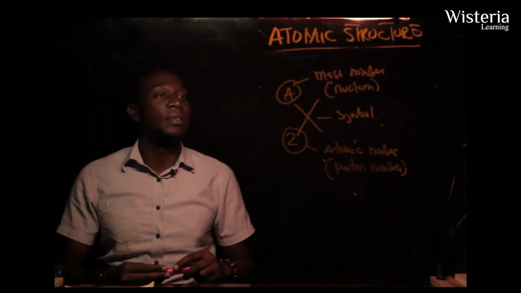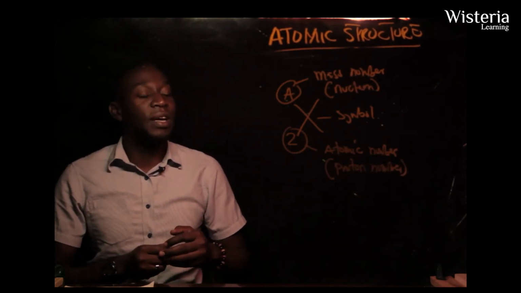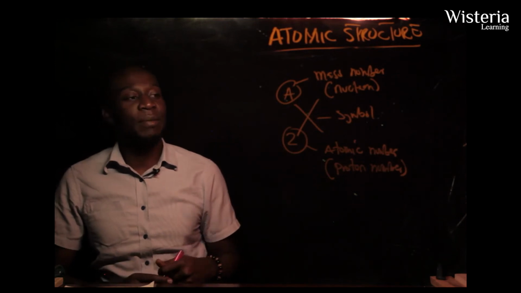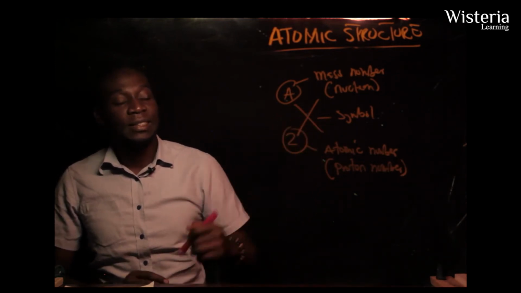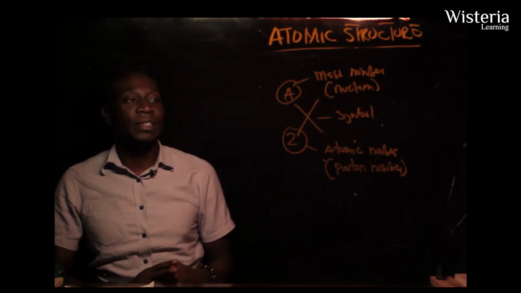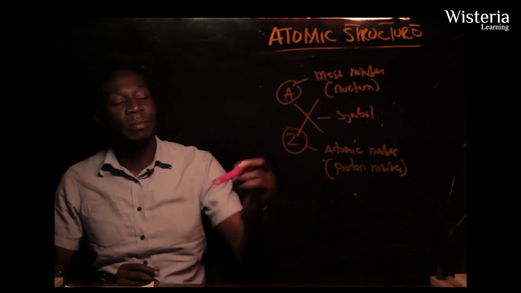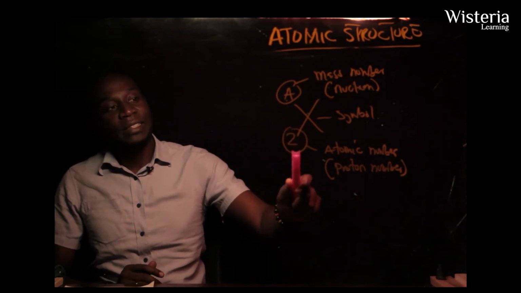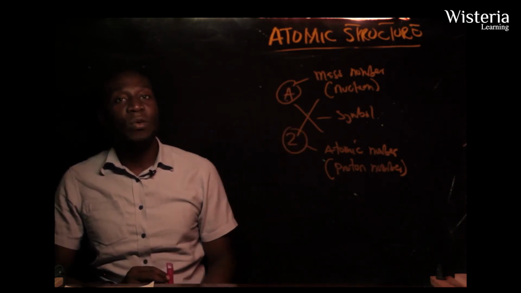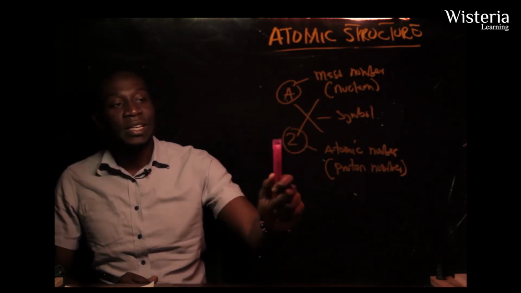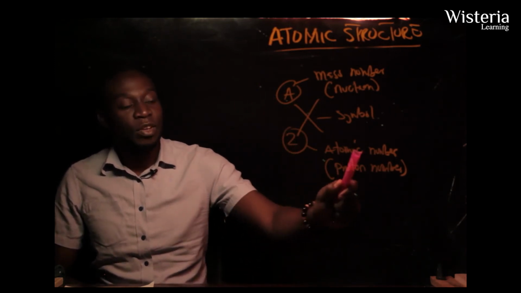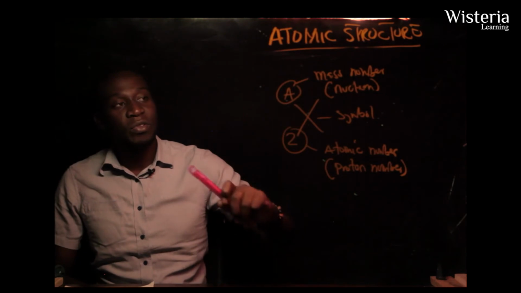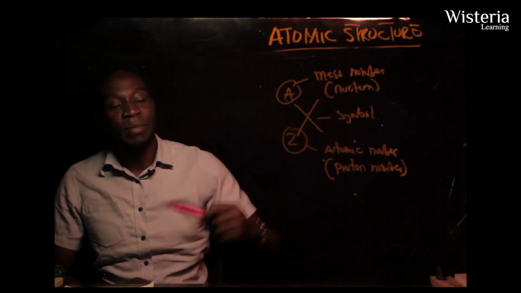So we have represented X as a symbol of an element. Each element is going to have these two numbers, the mass number and the atomic number. The mass number is always bigger than the atomic number, because for it to have the mass number, we add the atomic number plus the neutron number.